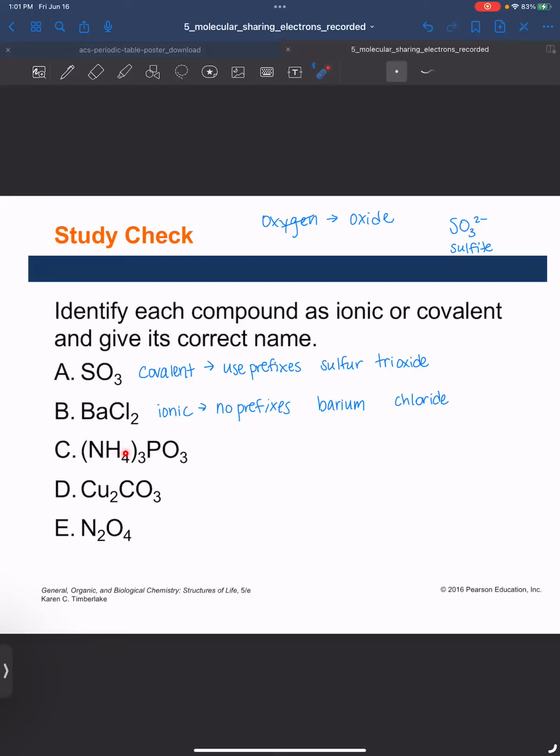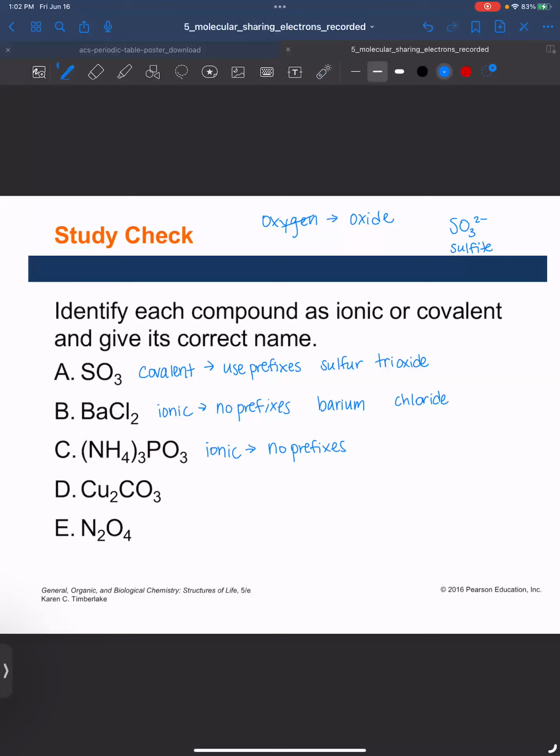All right, next one here, a bit of a trick question. So we see here, you may be like, oh, that's a nonmetal, but this is ammonium, the polyatomic ion. And so this is a cation, and we learned that PO3 3- is phosphite, which is also a polyatomic ion. So because we're working with a cation and an anion, this is ionic, meaning that there's no prefixes to worry about here.